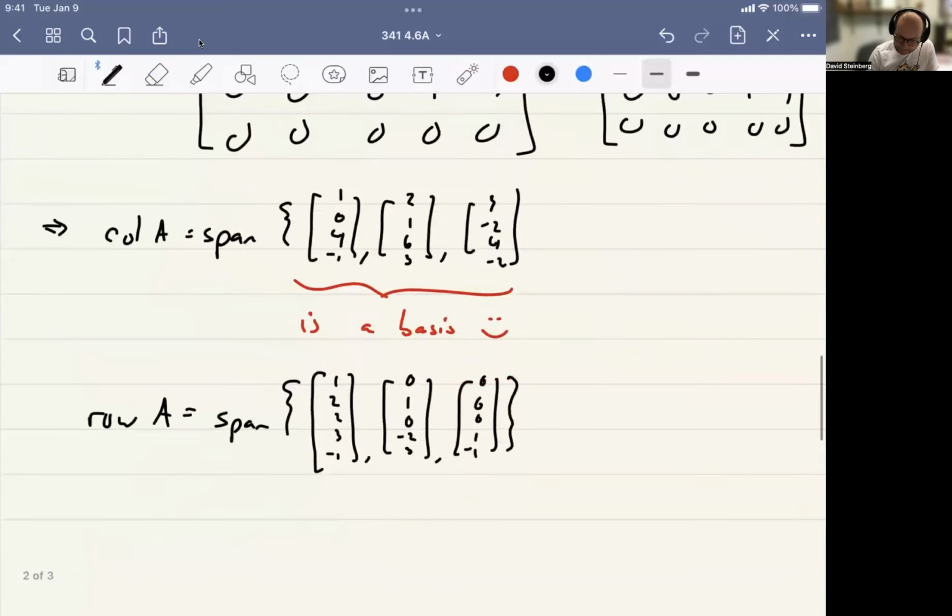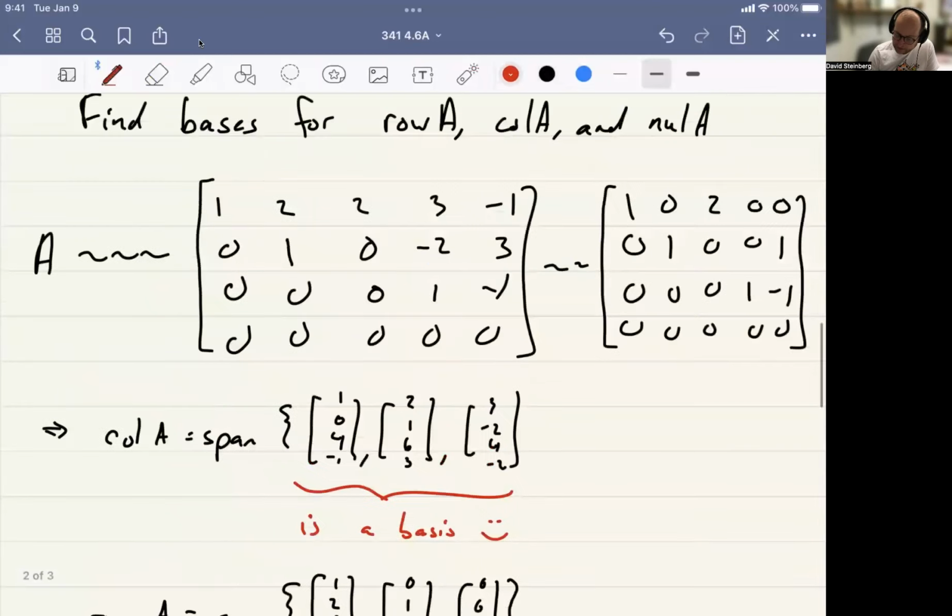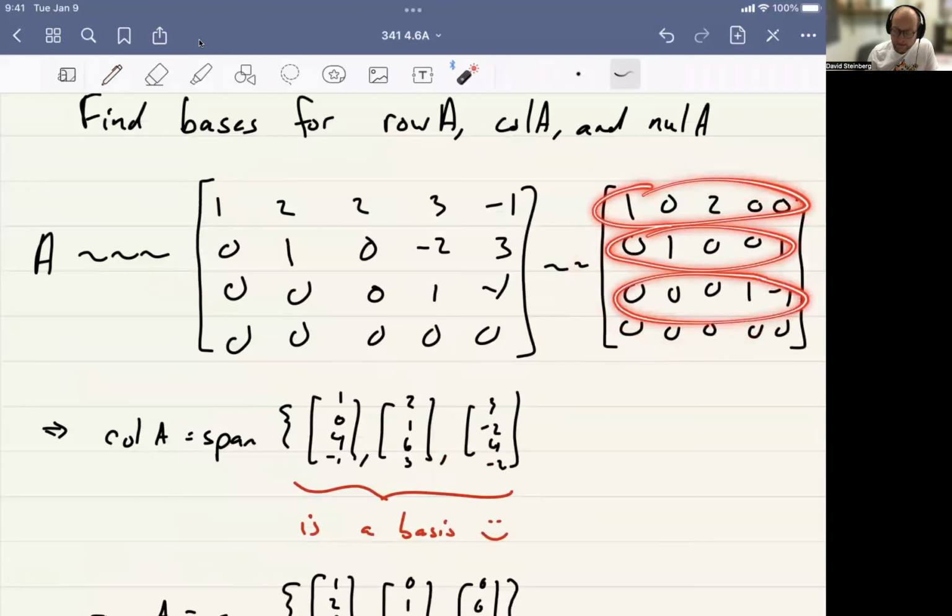It's also a basis. We haven't used the reduced one yet; that we're mostly going to use for the null space. And a perfectly good question is, wait, do these rows form a basis for the row space as well? And the answer is yes, definitely.